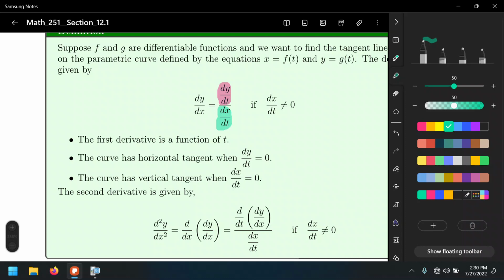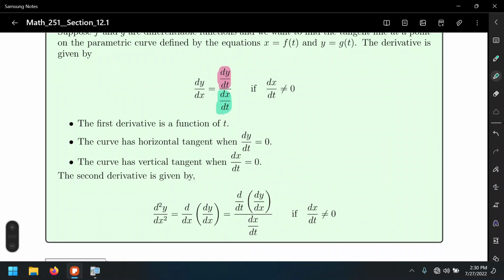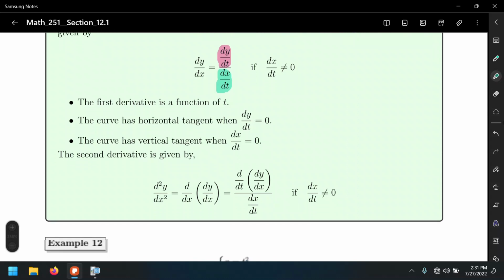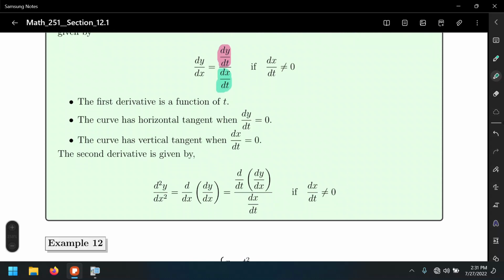All right? Other pieces of information: we set the denominator equal to 0 to find the values where we have vertical tangencies, and the numerator equal to 0 when we have horizontal tangents. It's basically the same information from Calc 1, right? When we do the first derivative test.